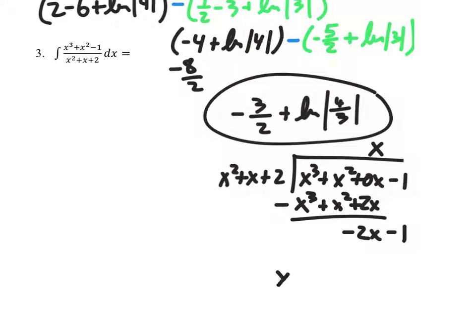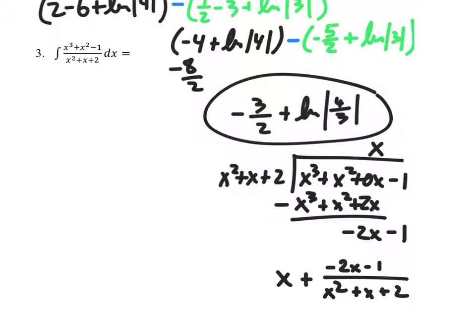So I'll have x minus, actually, yeah, we can do it that way. No, let's not. Let's go x plus negative 2x minus 1 over x squared plus x plus 2.